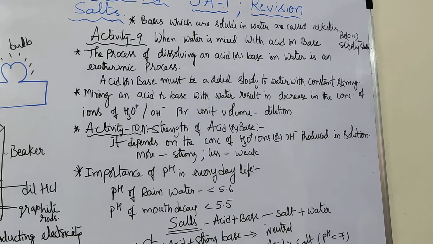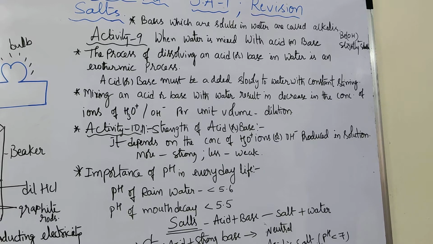Now coming to the salts. When an acid combines with a base, it produces salt and water. Here there are four combinations of acids and bases: strong acid, weak acid, strong base and weak base. Due to this, we get different kinds of salts. If a strong acid combines with a strong base, we get a neutral salt.